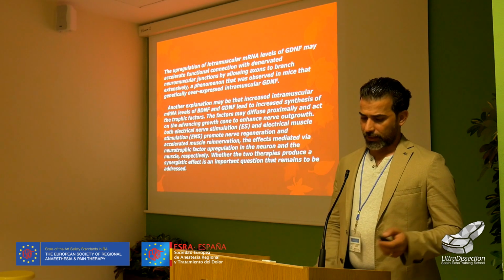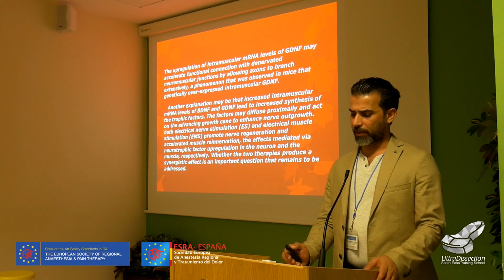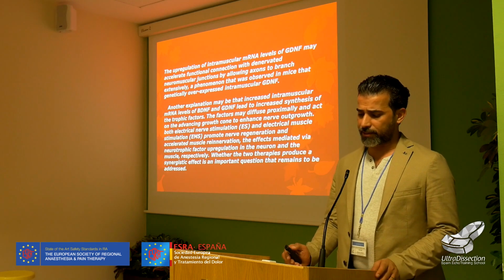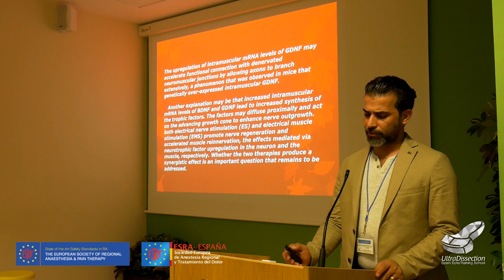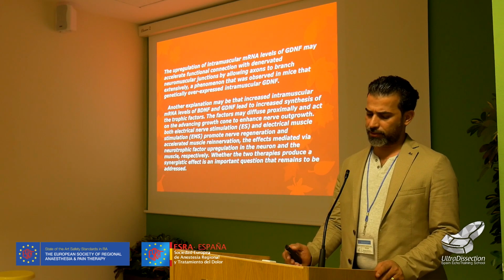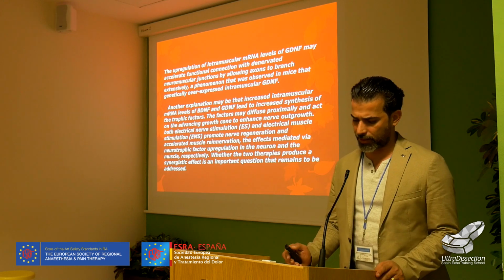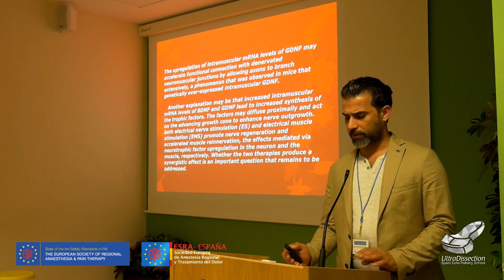So upregulation of the intramuscular mRNA levels of GDNF may accelerate the functional connection with denervated neuromuscular junction by allowing axons to branch extensively, a phenomenon that was observed in mice that genetically overexpressed intramuscular GDNF.